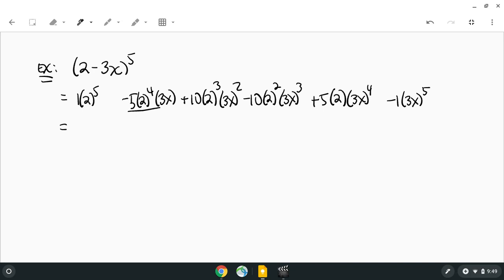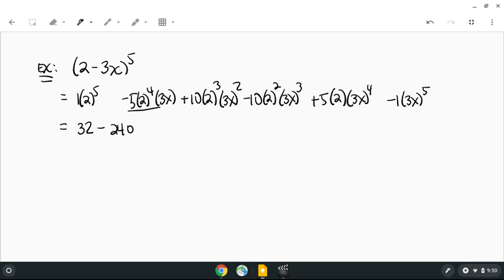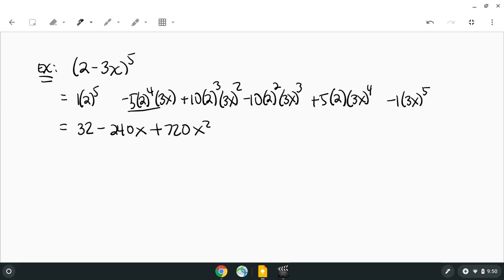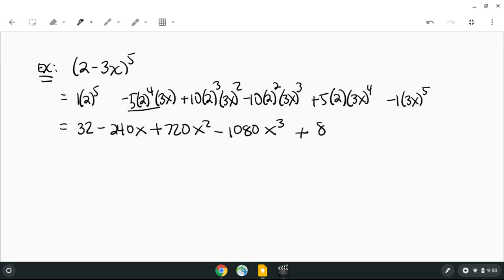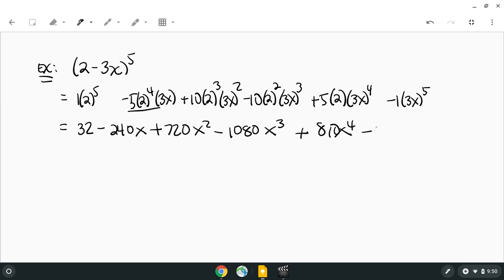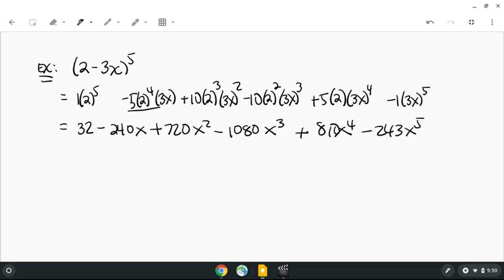When you do that, you get 32 minus 240x plus 720x squared minus 1080x cubed plus 810x to the fourth minus 243x to the fifth.